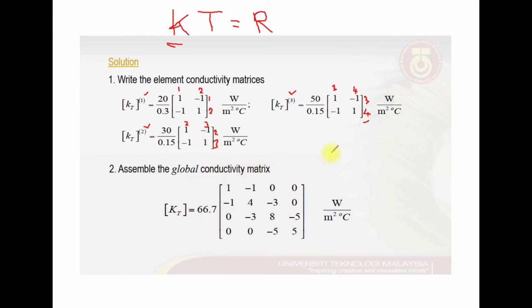So for the whole complete system, or the whole composite wall, the conductivity matrix will be like this. We will have a 4 by 4 square matrix, and this matrix is symmetric between the upper part and the lower part.